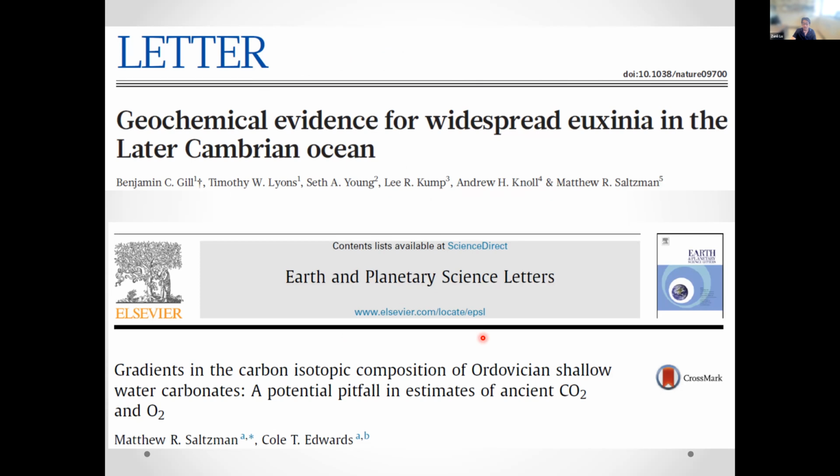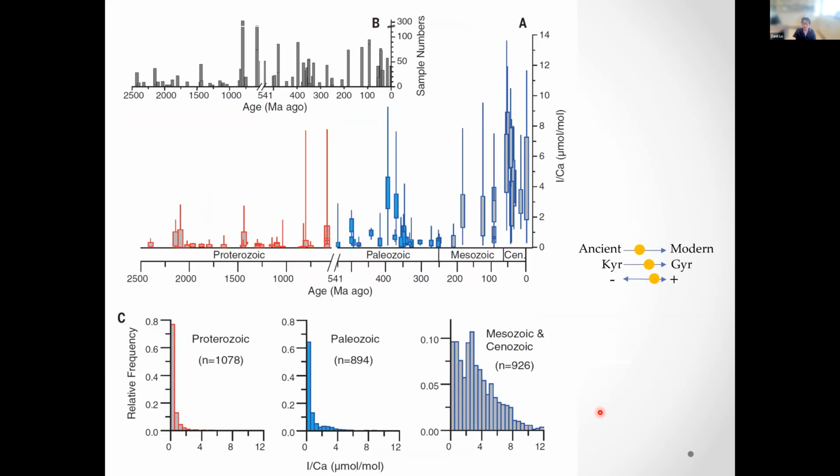These are a couple of examples of papers that got me questioning a little bit what the GEOCARB model may be representing. There are both proxy data and other considerations about the model that suggest there may be quite a bit of uncertainty in our understanding of especially the Paleozoic ocean.